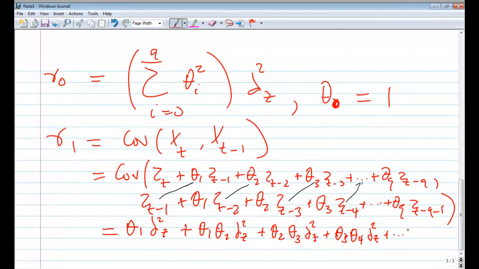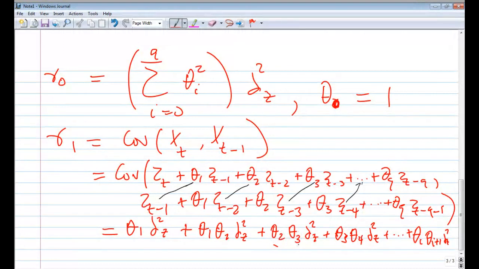And the last one will be theta i theta i plus 1 sigma squared z. For the last part, as you see here, if we have theta 3 here, the next one is theta 4. So in other words, theta 3 plus 1, which is theta 4. The same applies to this case.